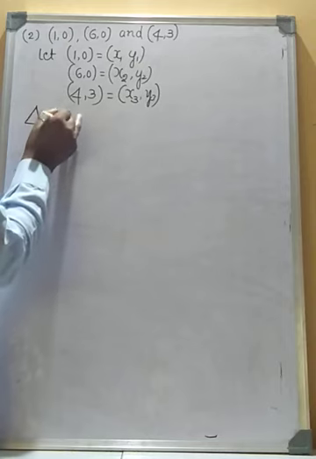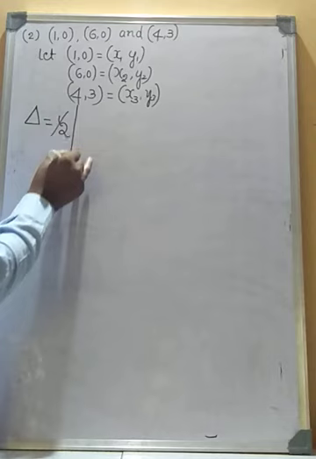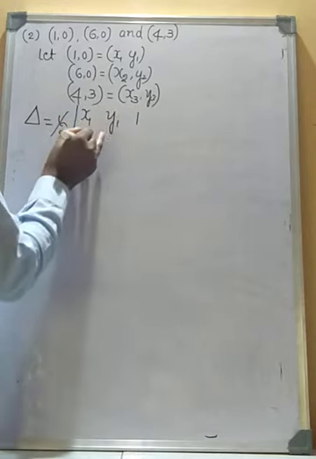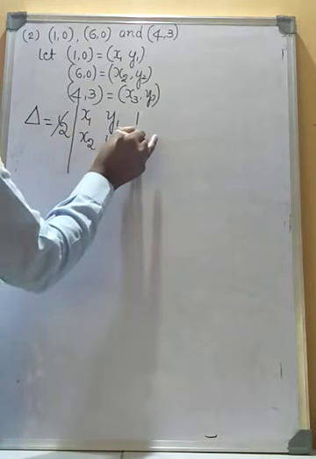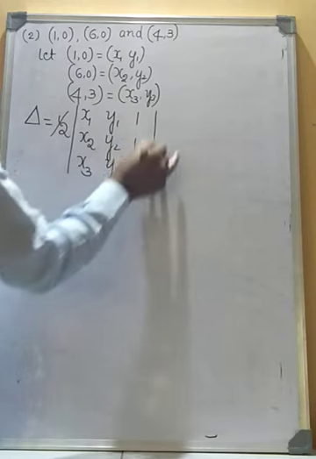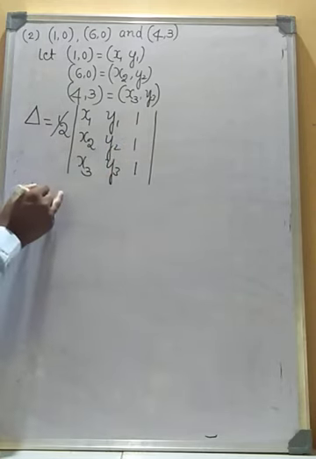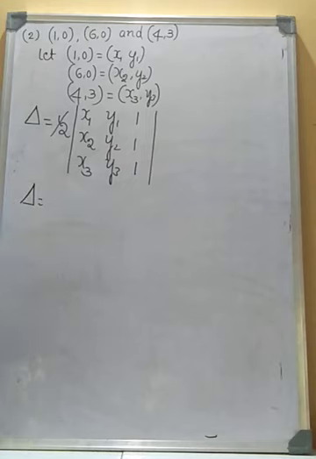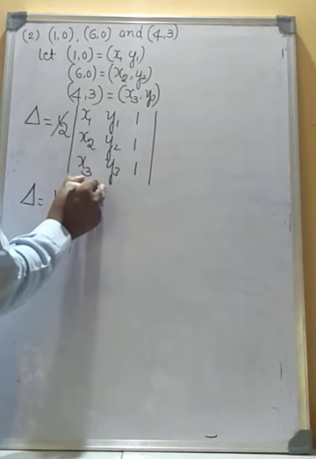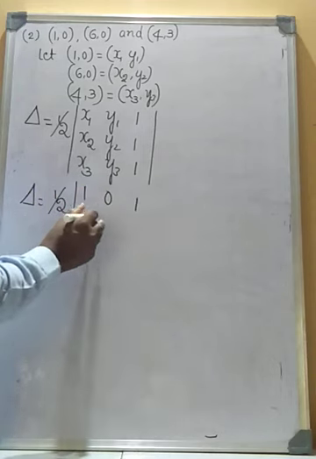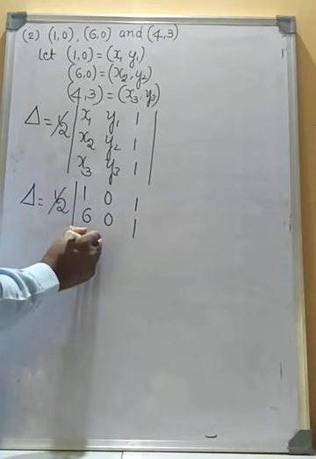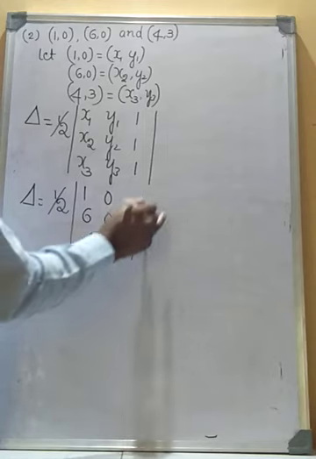Therefore the area of the triangle is given by delta is equal to half into determinant of x1, y1, 1, x2, y2, 1, x3, y3, 1. So delta, the area of the triangle, is 1 divided by 2 determinant of 1, 0, 1, 6, 0, 1, 4, 3, 1.